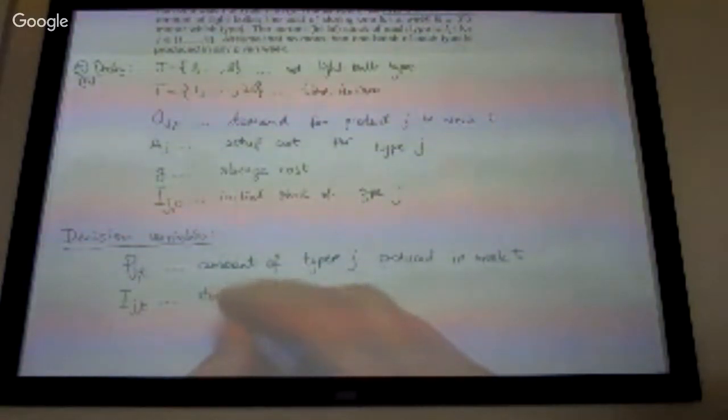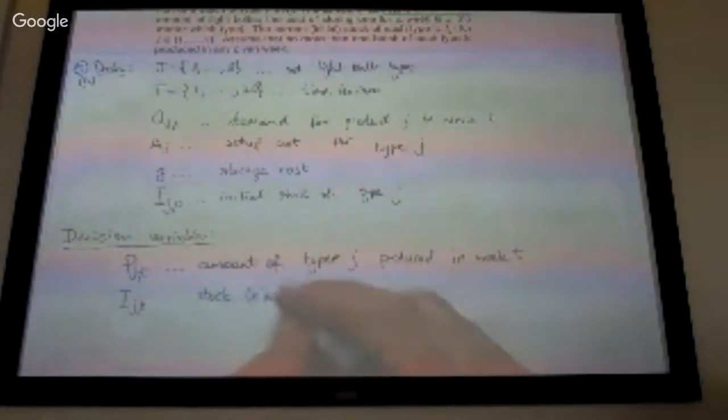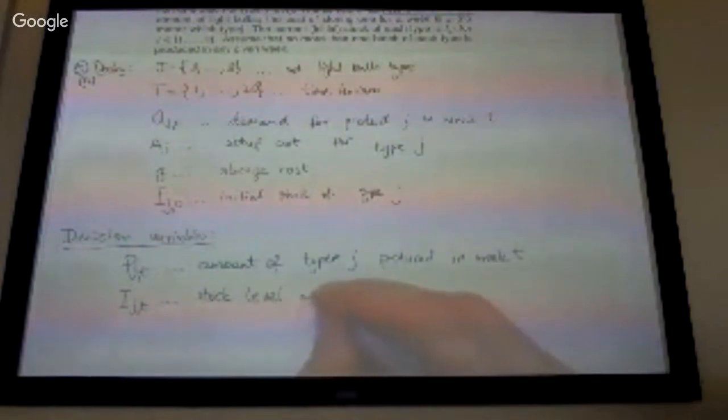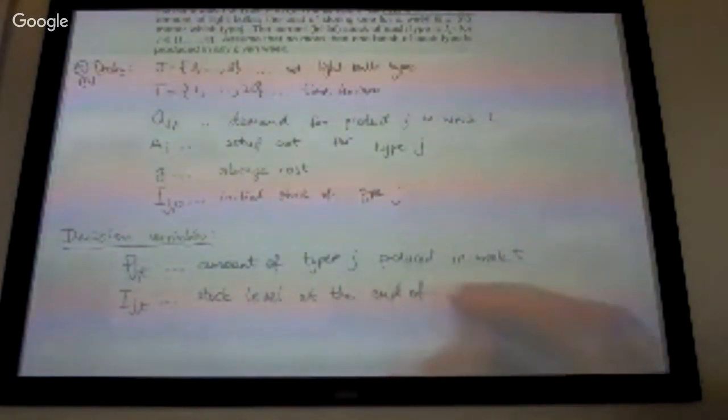So I'll call it stock level or storage or whatever you want to call it, at the end of week T, for type J.